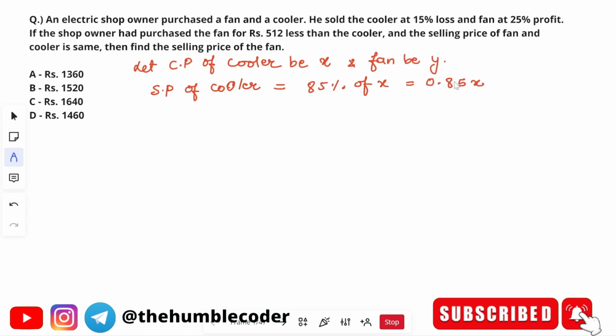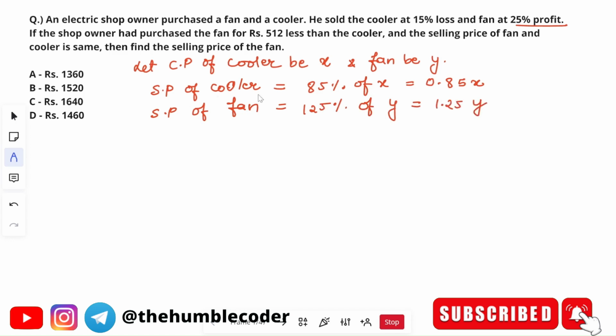We can write it as 0.85x. In a similar way, for the selling price of the fan, he sold this fan at a profit of 25%. So the selling price of the fan will be 125% of Y, right? This can be written as 1.25y.